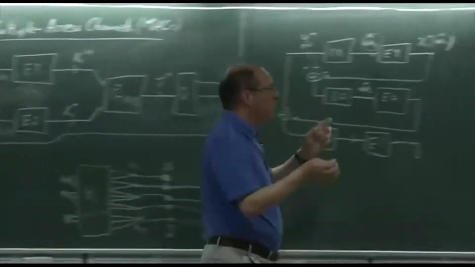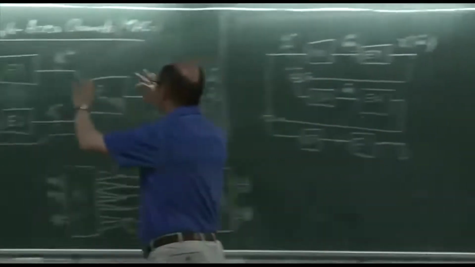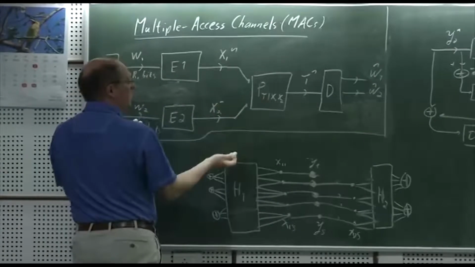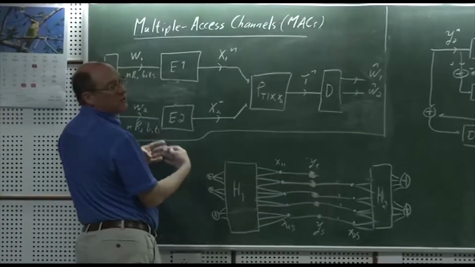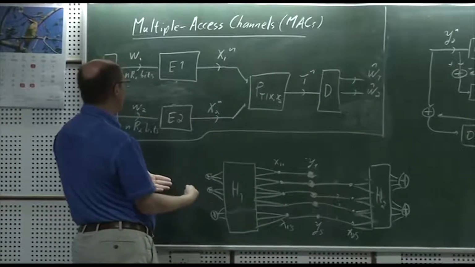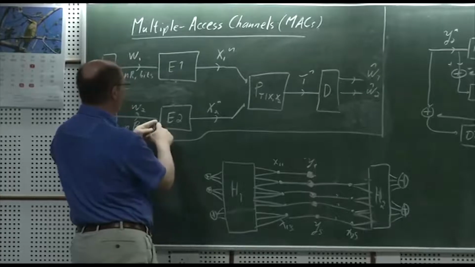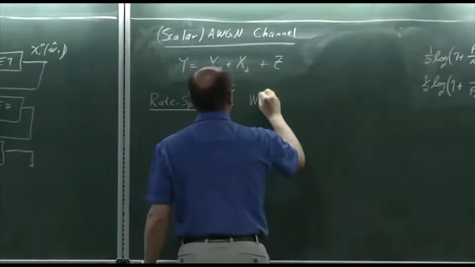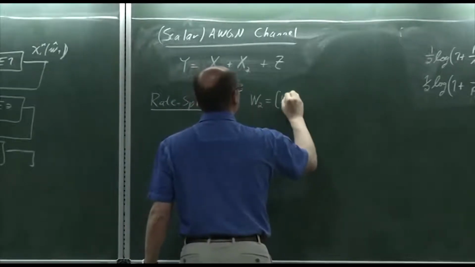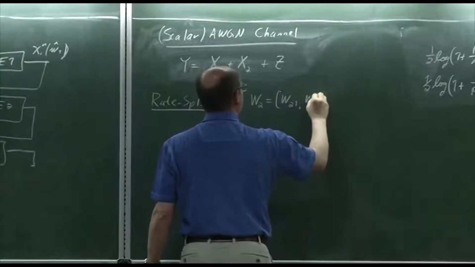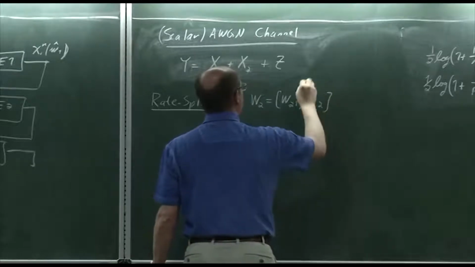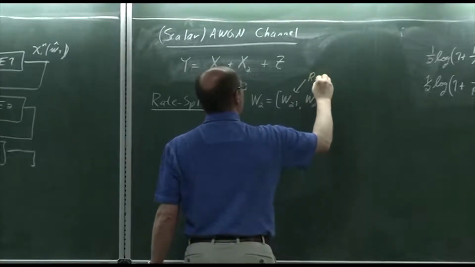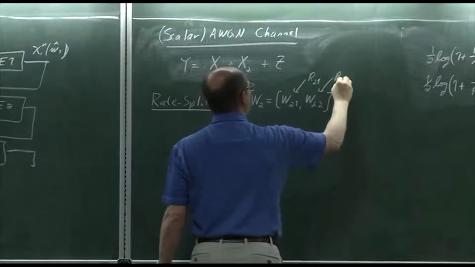Suppose we convert this 2-user multiple access channel into a 3-user multiple access channel, where we split W2 into W21 and W22, and suppose this one has rate R21 and this has rate R22.